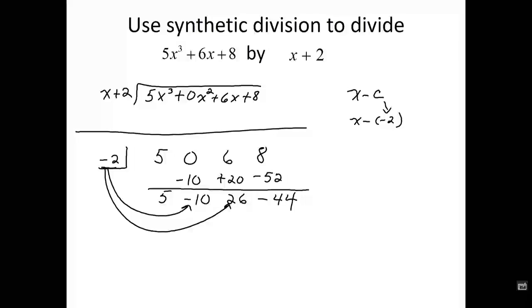Now the bottom row represents the quotient upon dividing by x plus 2. We started with the degree of x cubed, so the quotient is 1 degree less than that of the dividend. So this is going to be 5x squared minus 10x plus 26.